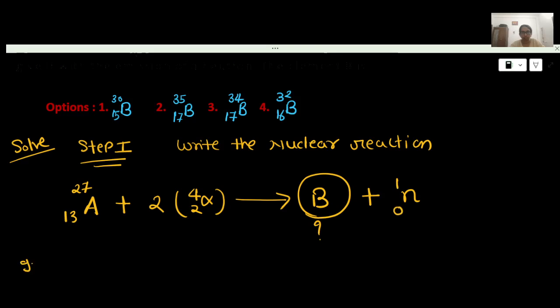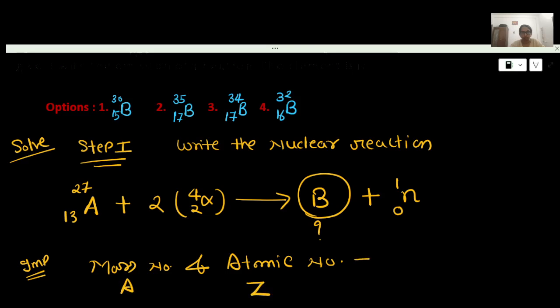And what is the important rule of nuclear chemistry? Mass number A and atomic number Z should be conserved as per the nuclear chemistry rule.